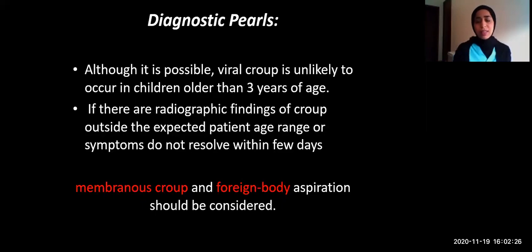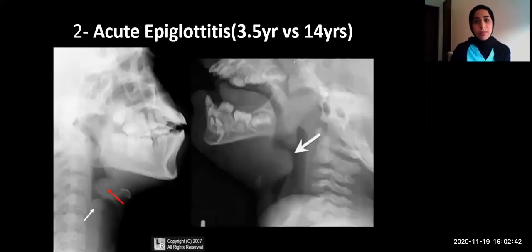So any atypical presentation or any symptom that does not resolve within a few days, you should suspect an alternative diagnosis, including the ingestion of foreign bodies and subsequent subglottic inflammation.